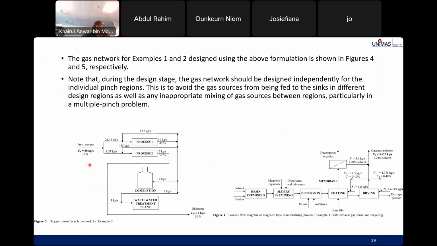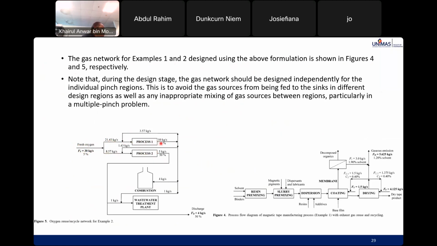For example 2, after integration, you can see the fresh feed is reduced from 41 to 30 already. So from 30 kilograms per second with 5% increase, 21.53 goes to process 1, 0.57 kilograms per second goes to process 2.